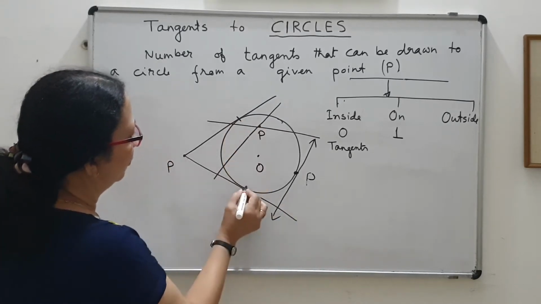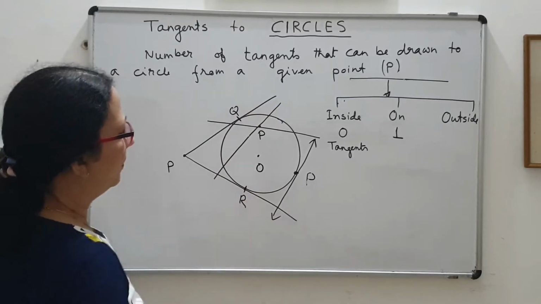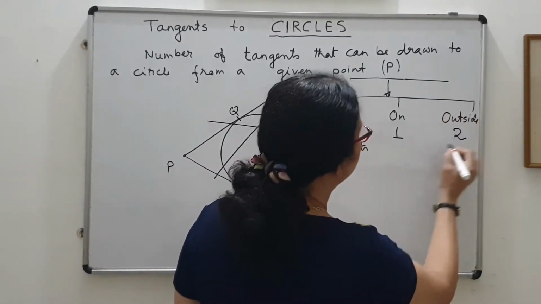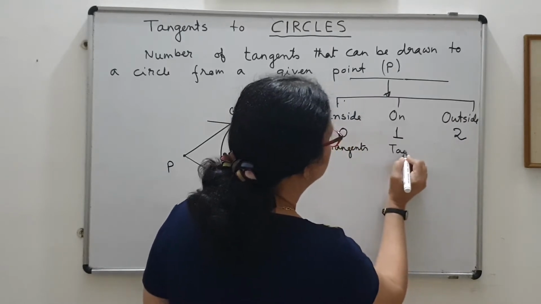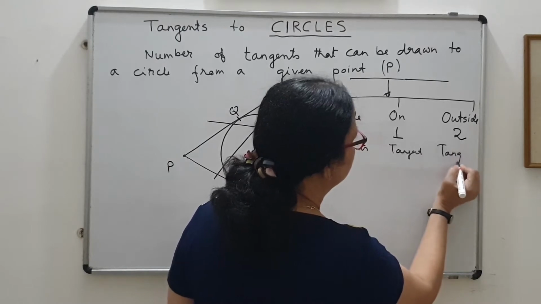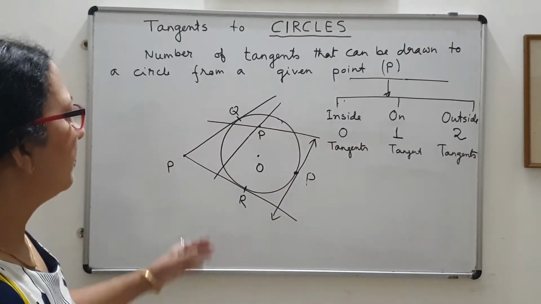This will be the point of contact, say Q and R. So we see that when the point is outside, then only 2 tangents can be drawn. Okay, so this is clear.